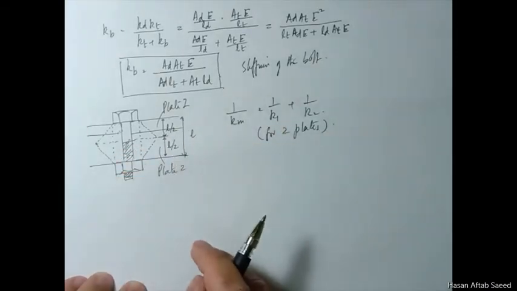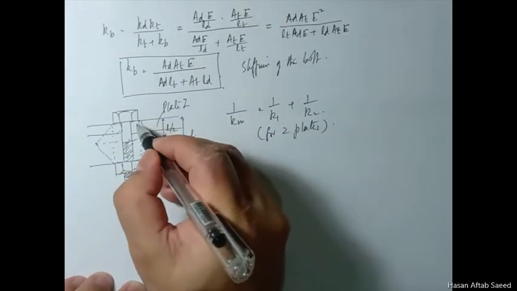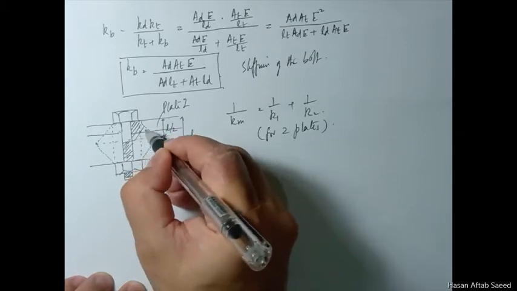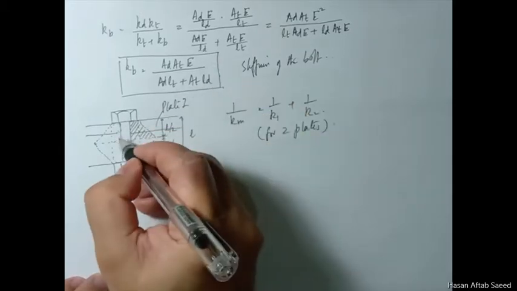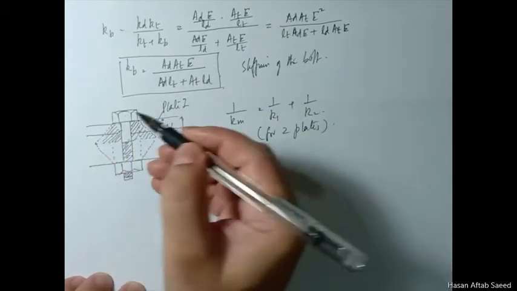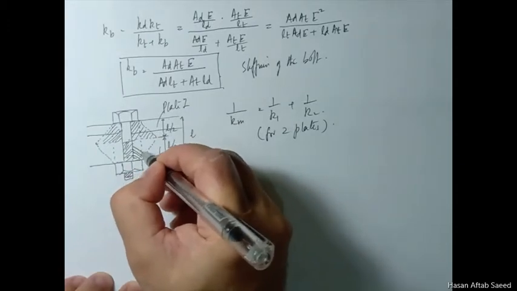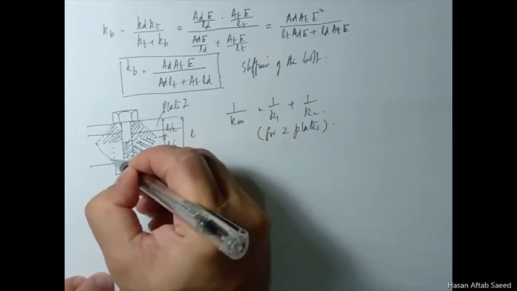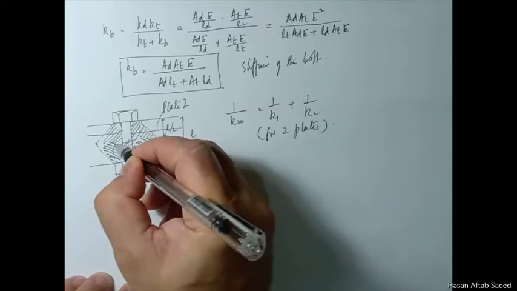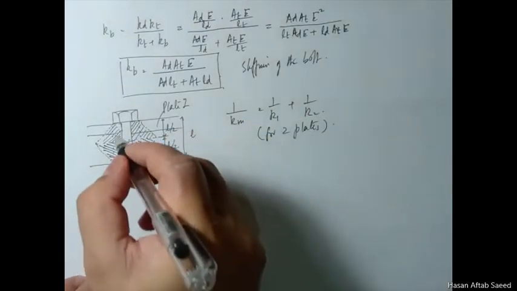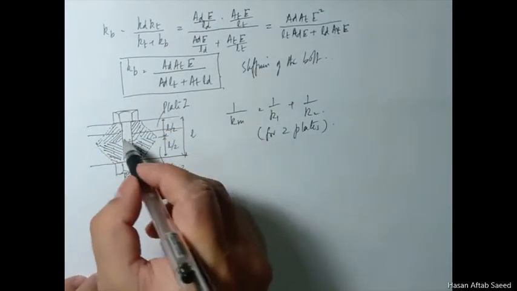This is what experiment tells us. So what goes into compression is this area and this area.